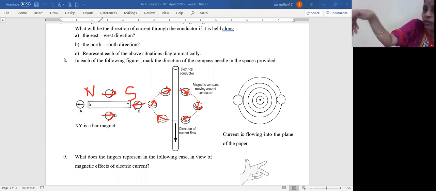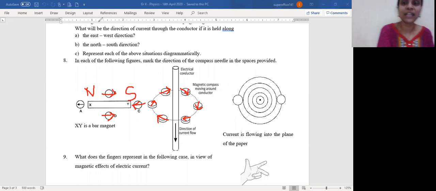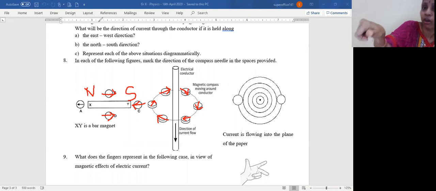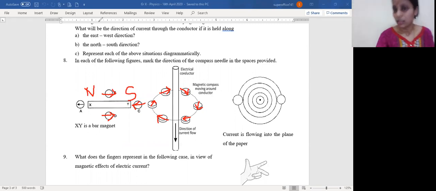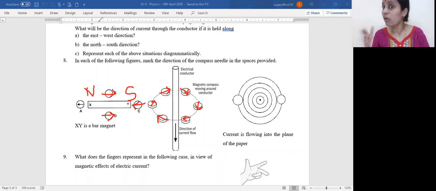So how are your fingers wrapping? On the right hand side, it is going down, and on the left hand side, it is coming up. Please understand, children, your thumb will go into the laptop, into your screens, right? Because current is flowing into the plane of the paper with a dot. So that means on the right hand side, it is moving down. The magnetic field, because current and magnetic field are perpendicular, cannot go into the plane now.